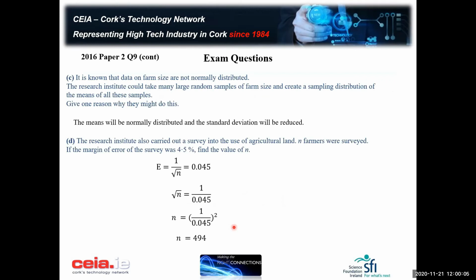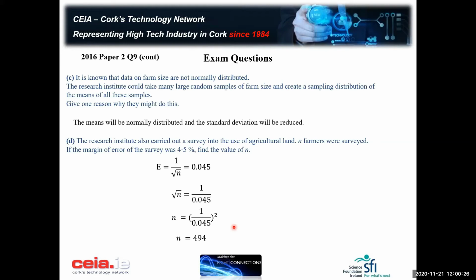Now, part C, they're telling you that, well, actually, it's not a normal distribution for farm sizes, and they're asking you, why would you take a large number of large random samples of farm size?